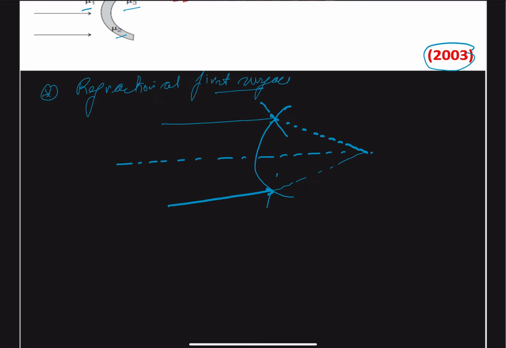So first it is going to form the image somewhere here, and let us call this image I1, and this is our first surface.